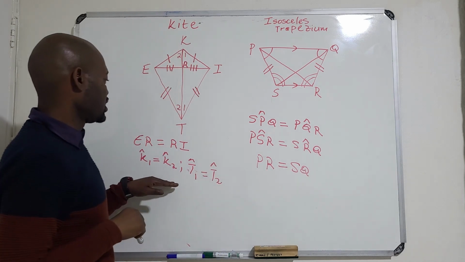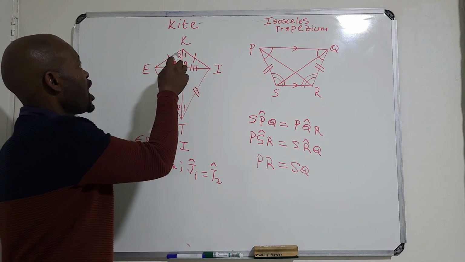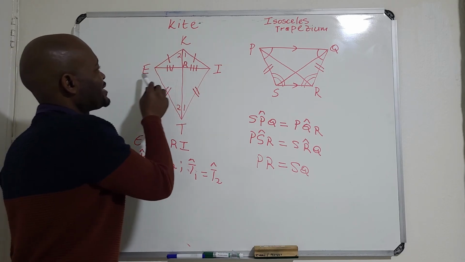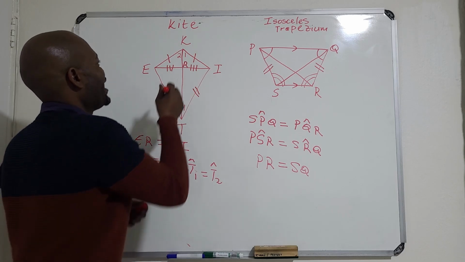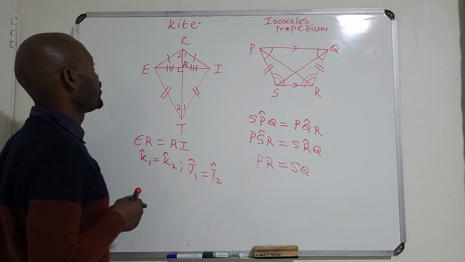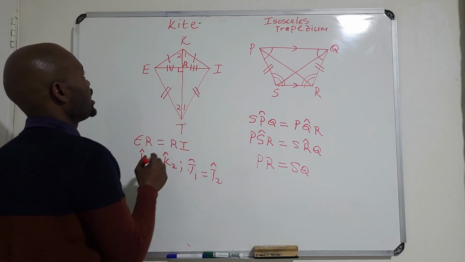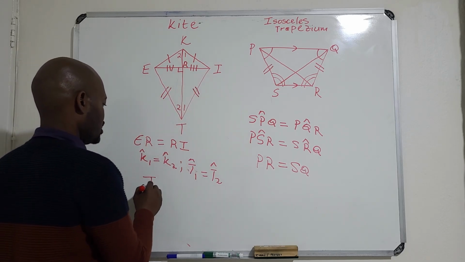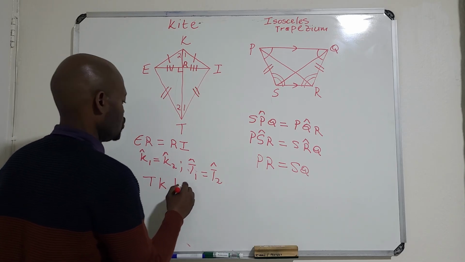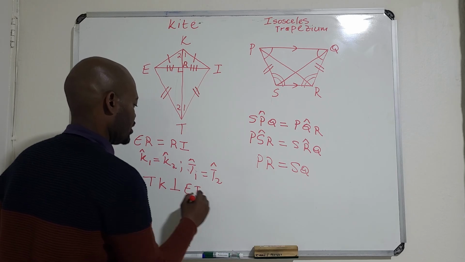One thing that I didn't mention about the kite is that the longer diagonal bisects the shorter diagonal at 90 degrees. In this case, TK is perpendicular to EI.